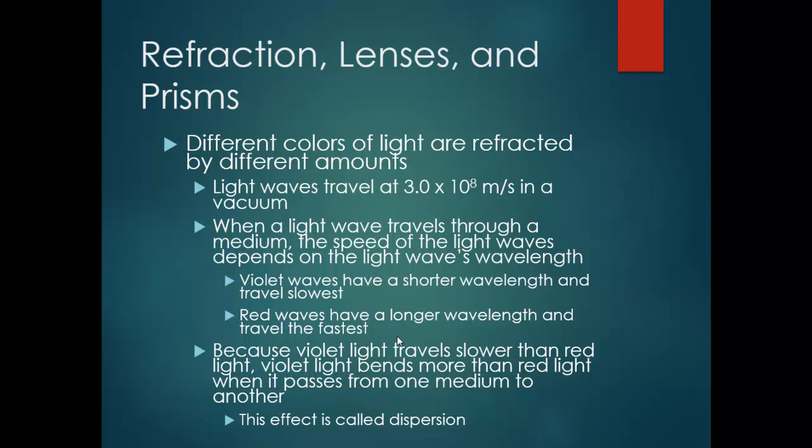Red waves have a longer wavelength and travel faster. Because violet light travels slower than red light, violet light bends more than red light when it passes from one medium to another. This effect is called dispersion of light.